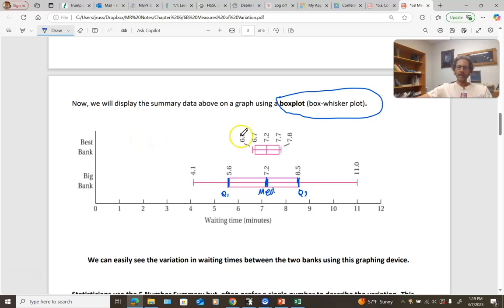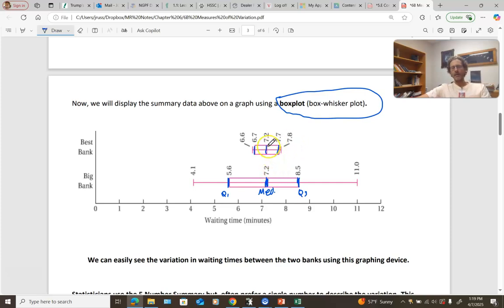Now look at the box and whisker plot that corresponds to Best Bank. See how much tighter it is? And see how much closer these whiskers are to the actual box? So the lowest value is 6.6, the highest was 7.8. The first quartile right here was 6.7, the median was 7.2, and the third quartile was 7.7.